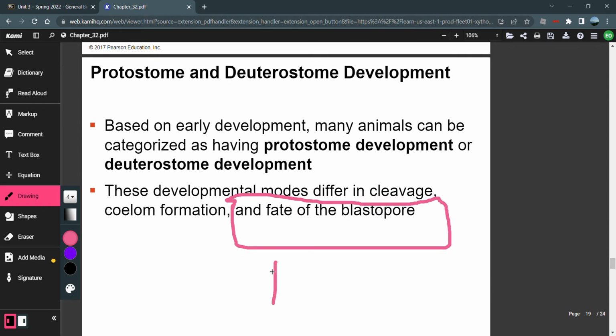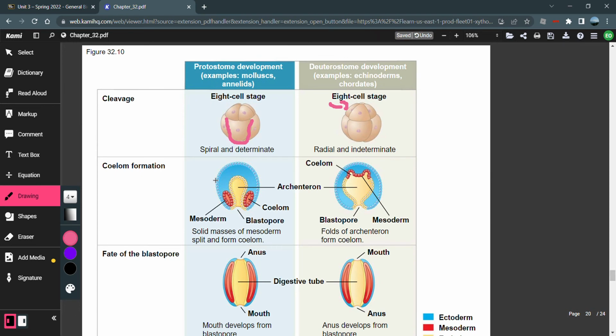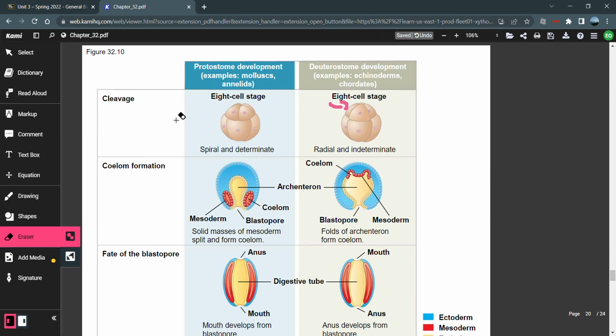We'll only be talking about the fate of the blastopore, but let's go briefly over this. Cleavage in protostomes is spiral and determinate, and in deuterostomes, it's radial and indeterminate. You see how these cells are arranged, like a twisted knob. So these cells are arranged differently in cleavage.